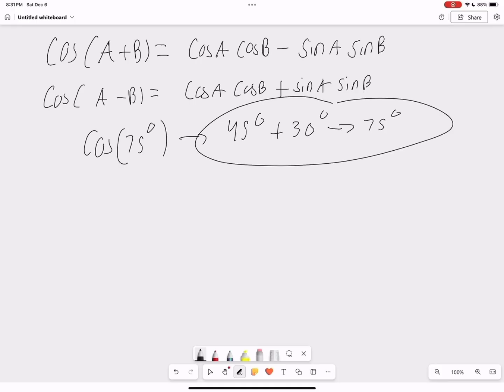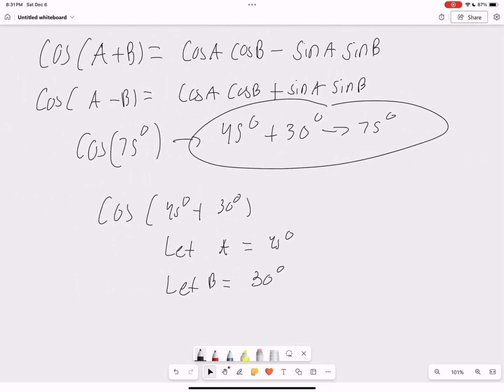So these are equal, and we can use the cosine sum formula. So we can call it cosine of 45 degrees plus 30 degrees. Let A, in the formula, equal 45 degrees, and let B equal 30 degrees.